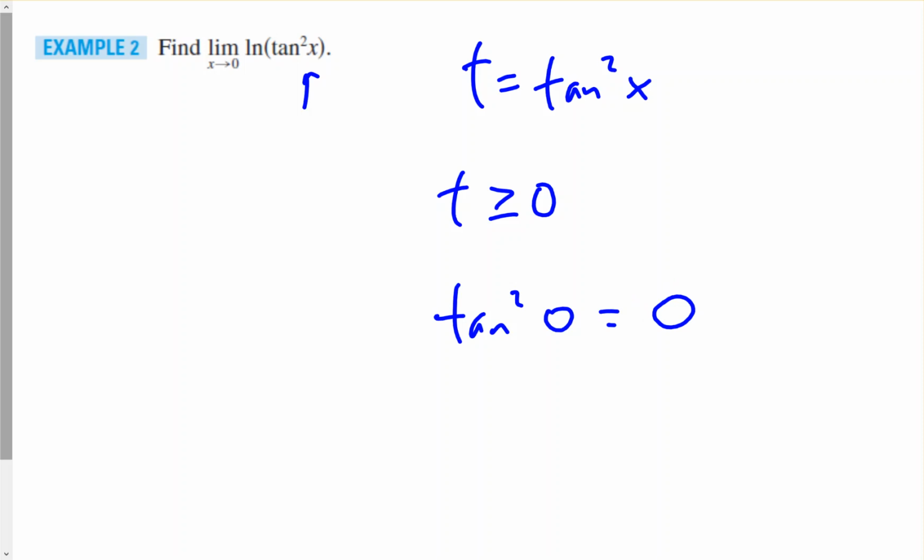So you basically have the limit as x approaches 0 of ln of 0. Once you plugged in the 0 into the x, you got tangent squared of 0, which is equal to 0. And now ln of 0.